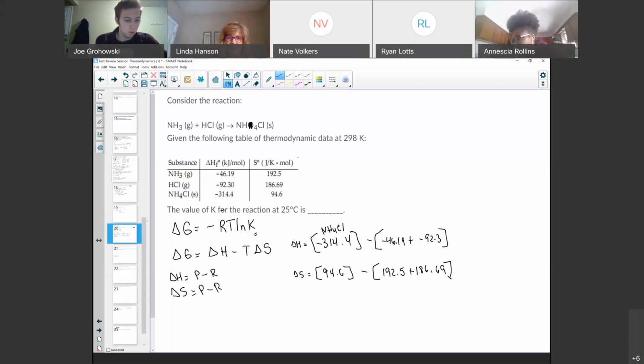There we go. All right, so I'm going to grab my calculator. These were all coefficients of 1, right? So I'm good there. Negative 314.4. Yes. Negative 46.19. Negative 92.3. My screen, if I hit that right, negative 175.91.